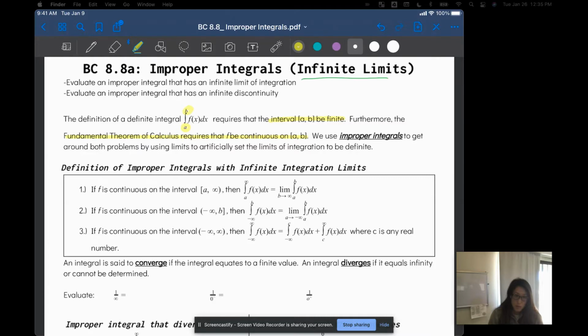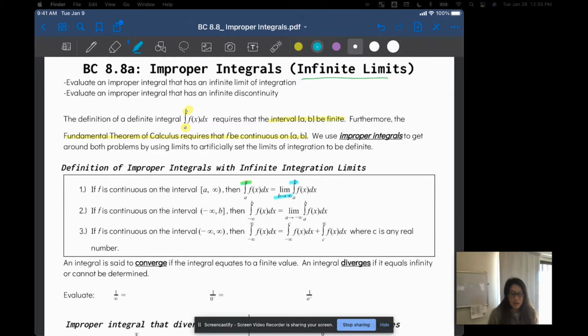If the bound goes to infinity, we replace the bound with b and find the limit as b goes to infinity.